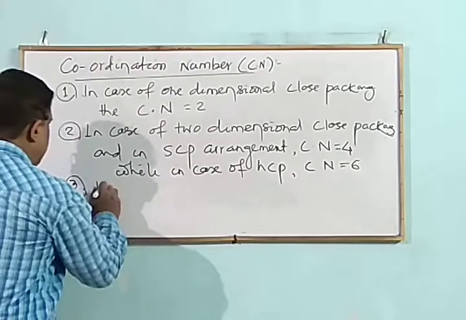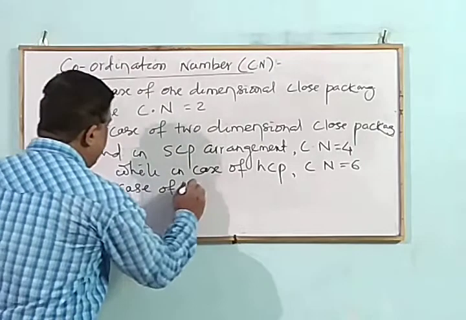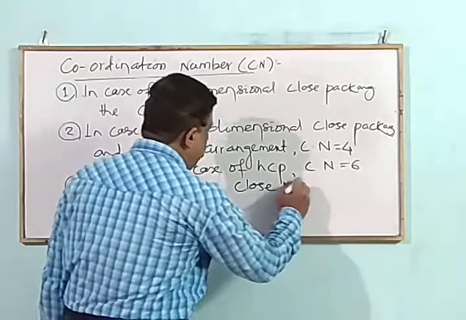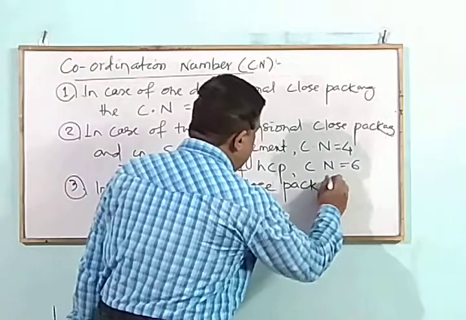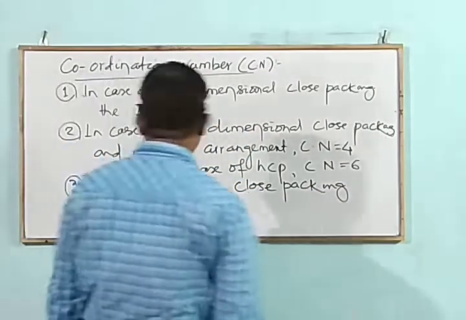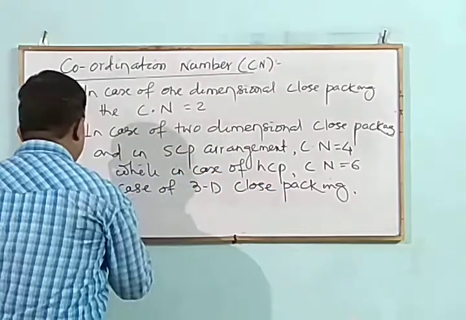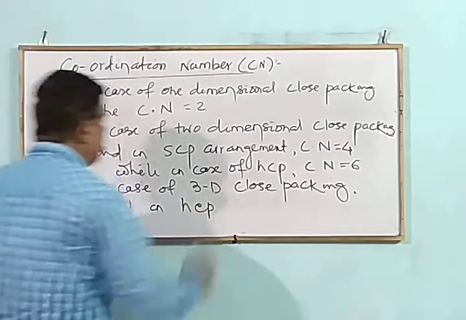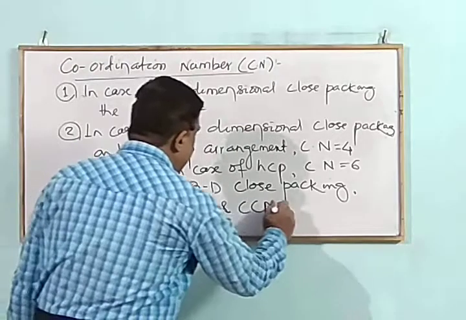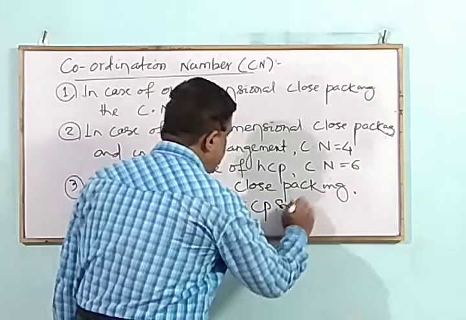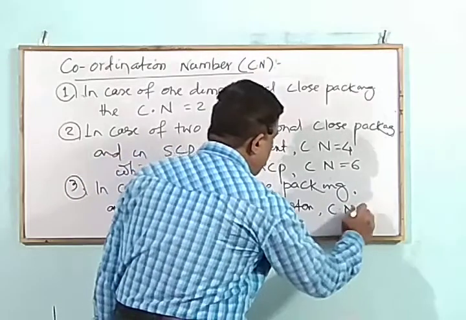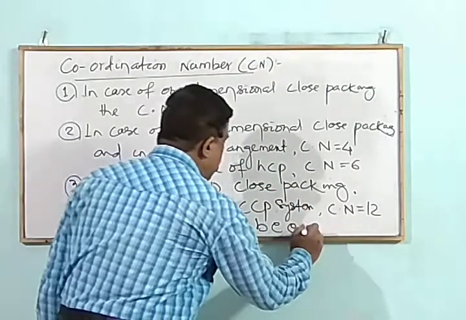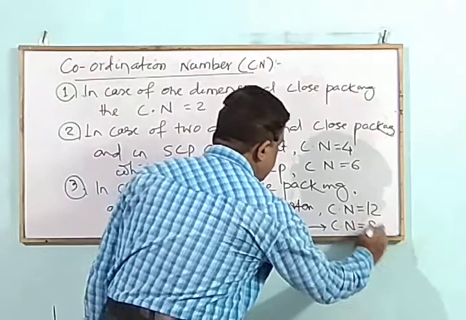Similarly, in case of three-dimensional closed packing system, in hexagonal closed packing and cubic closed packing system, coordination number is equal to 12, while in BCC, body centered cubic arrangement, coordination number is equal to 8.